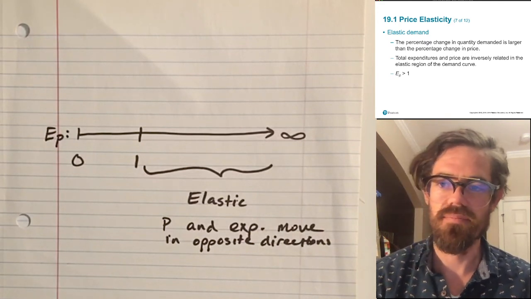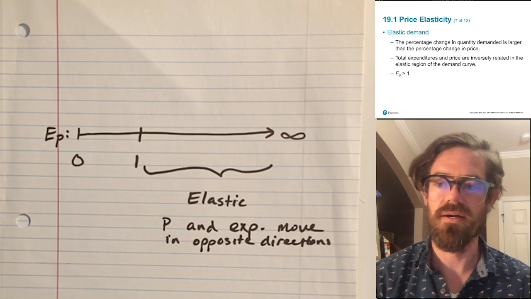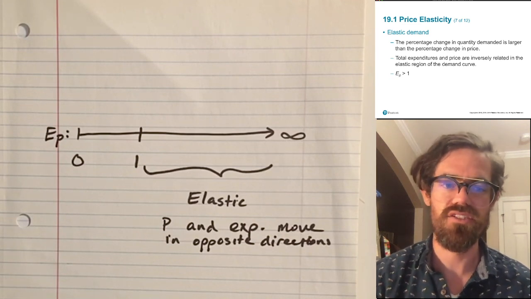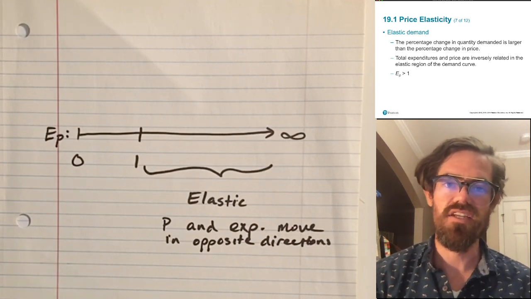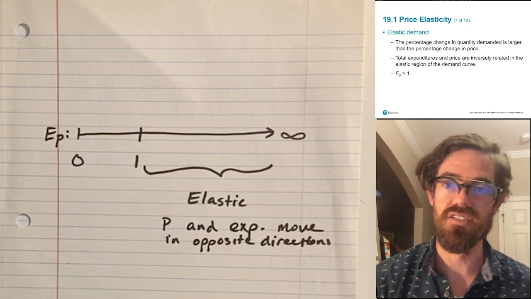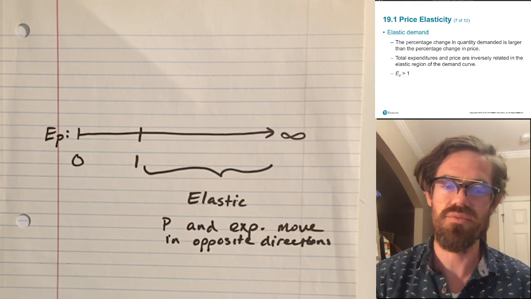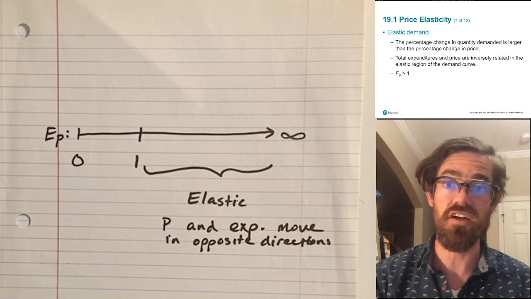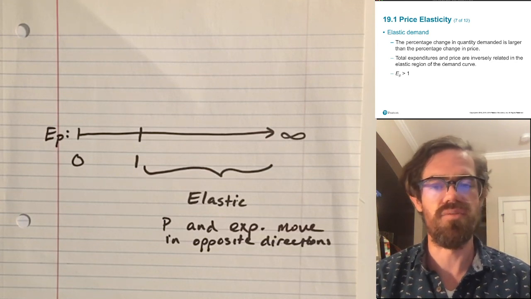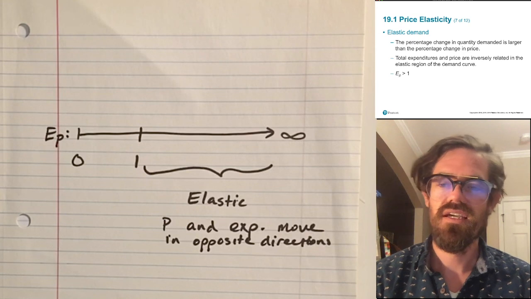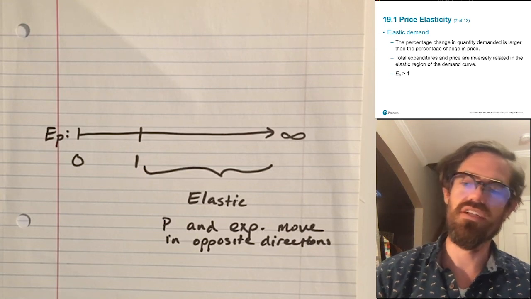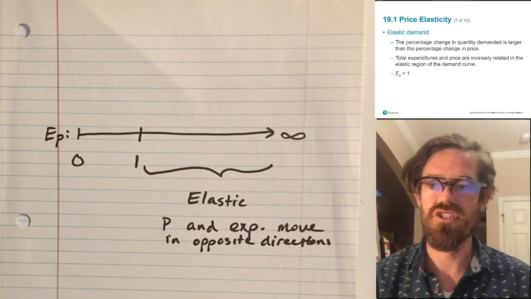So in other words, and really this has to do with the responsiveness, right? So if it's elastic, it means people are very responsive to price changes. Another way to think about elasticity is in terms of flexibility, right? So if you're very elastic with your demand, you're very responsive, it means you're very flexible, right? So if there's an increase in price, it means that you're going to really drastically decrease how much you purchase.